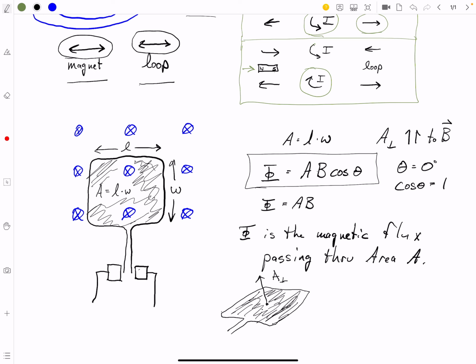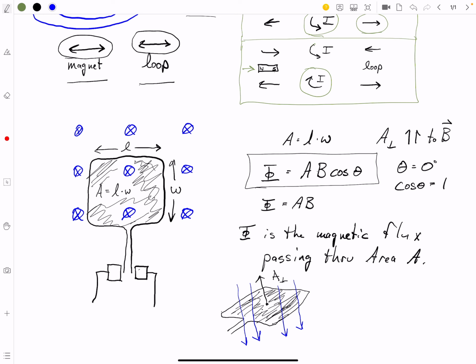And that's the one that tells us what the angle between the B field is. So if our B field is going through our loop like this, and this A is parallel to the loop, then that's what we get.